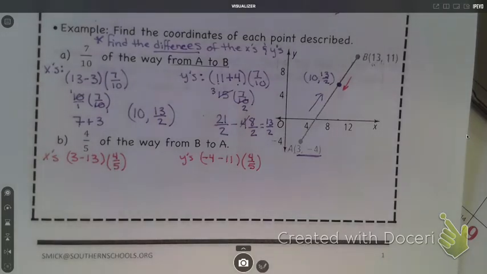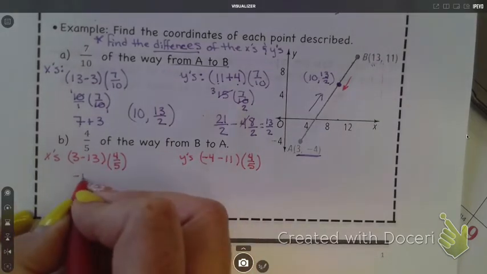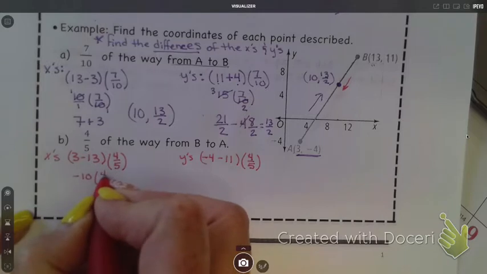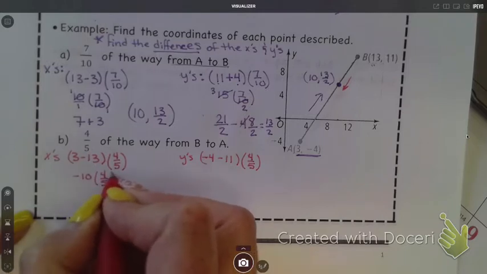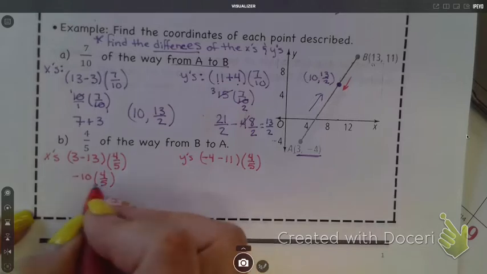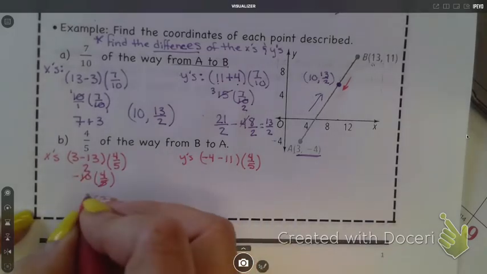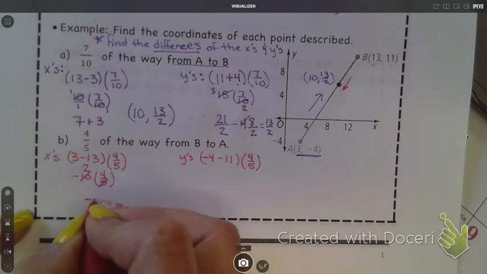So we get negative 10 times 4/5. So 5 goes into 10 twice, so I get negative 8.